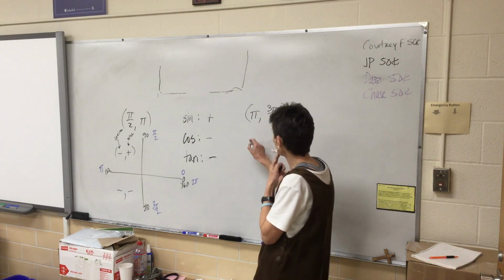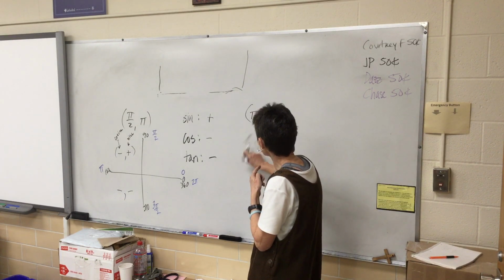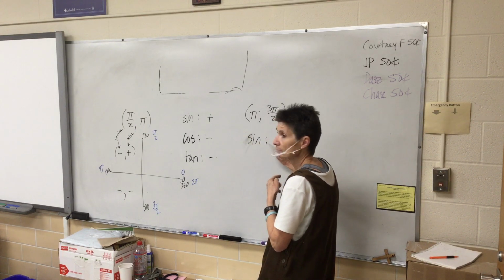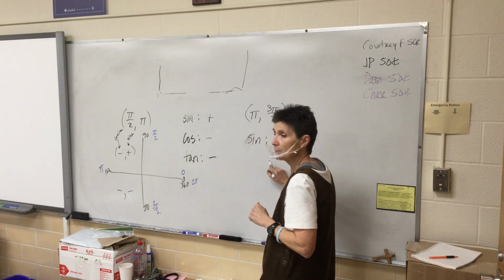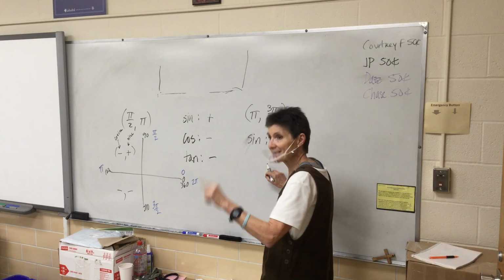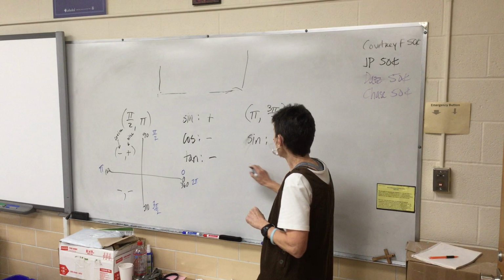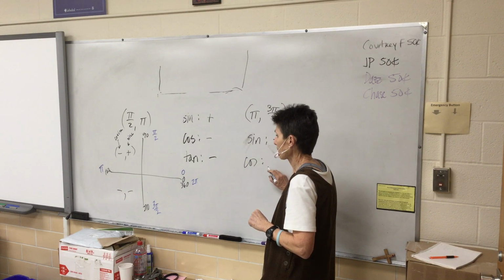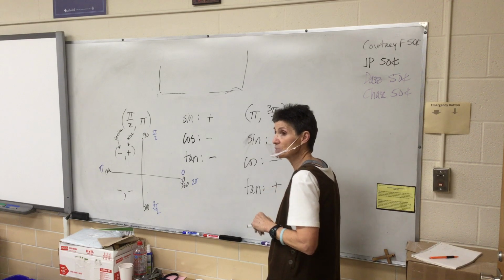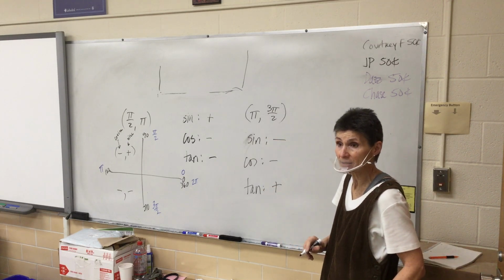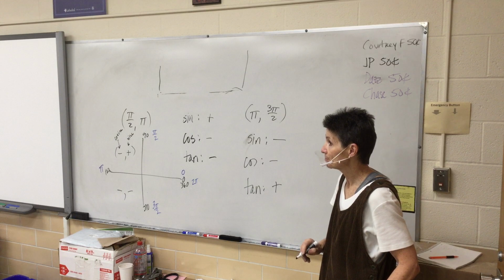So tell me about the sine. We'll start with doing the same order. Tell me about the sine down there in quadrant 3. Negative. If y is negative, sine is negative. Tell me about cosine. Negative. And tell me about tangent. Positive. Because when you put y over x, the negatives cancel.